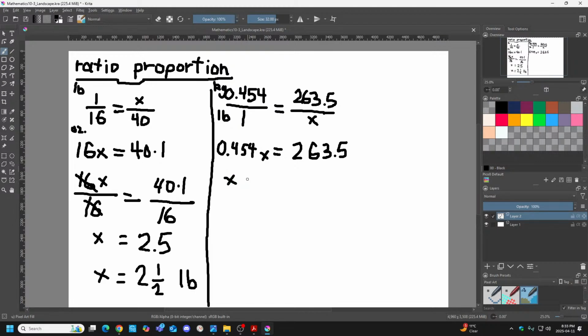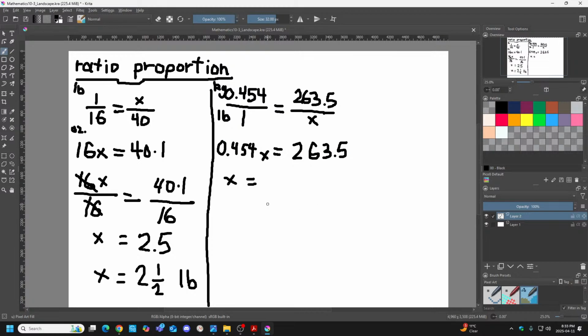Okay, so remember, be consistent. If you want to get rid of this number on this side, you have to divide it by 0.454. What you do to the left side, you also have to do to the right side.